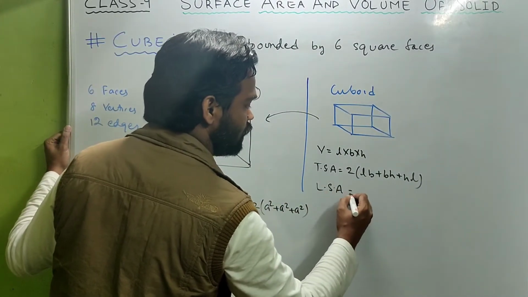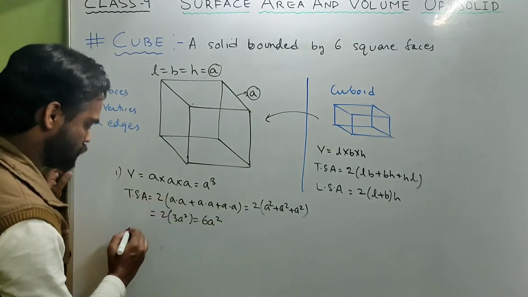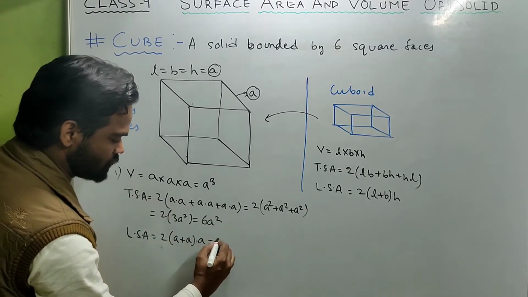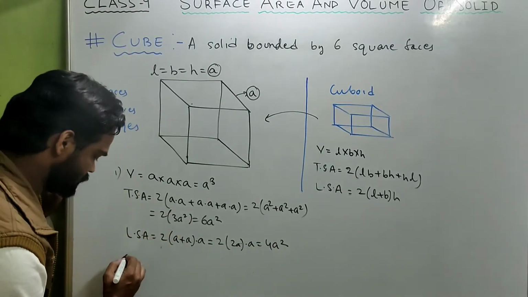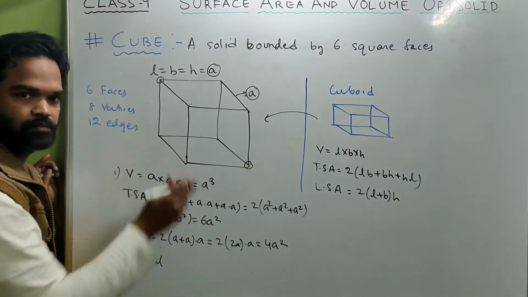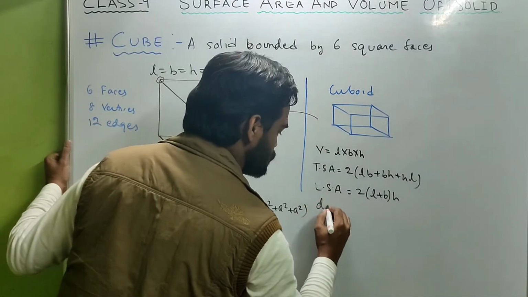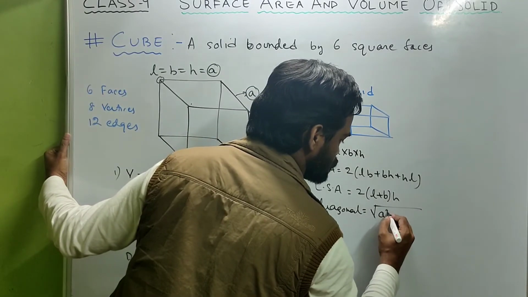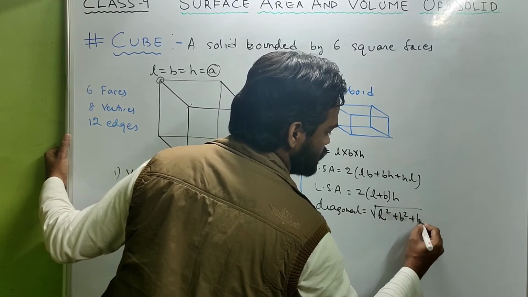Lateral surface area or area of 4 walls was twice L plus B into H, remember? So again, the lateral surface area will be twice A plus A into A, this is 2A into A, that's 4A square. And diagonal, when you talk about from here to here, the length of the longest rod which can be fit in the cube, the length of the diagonal was root over of L square plus B square plus H square.